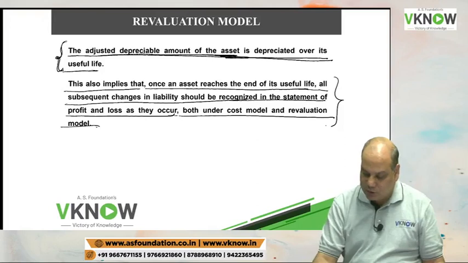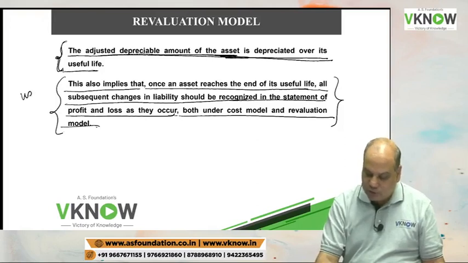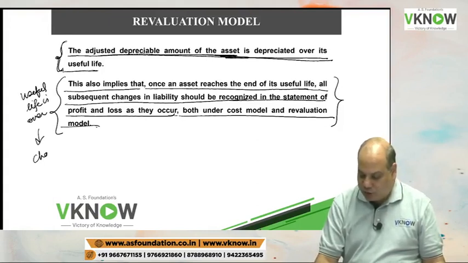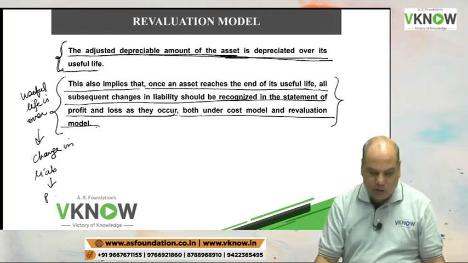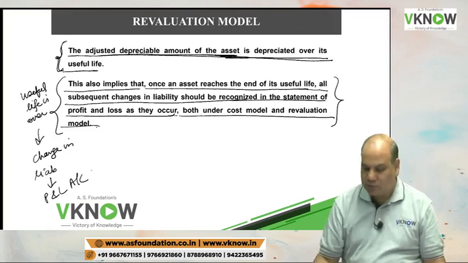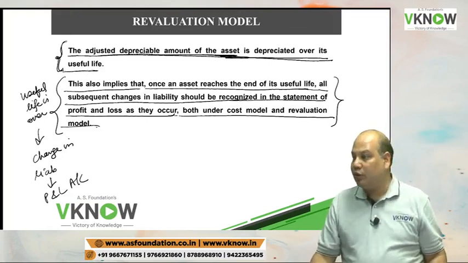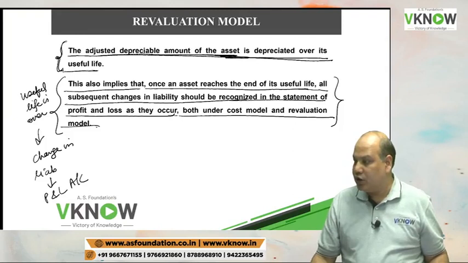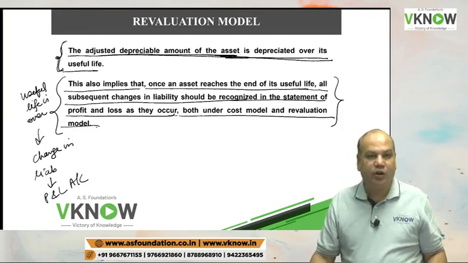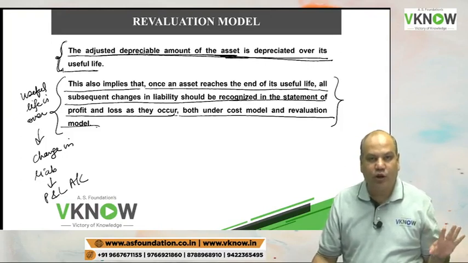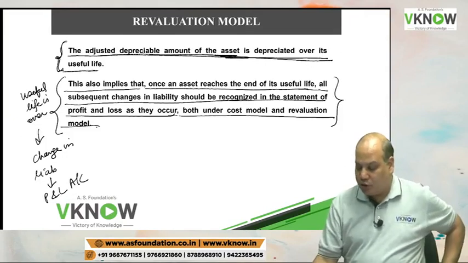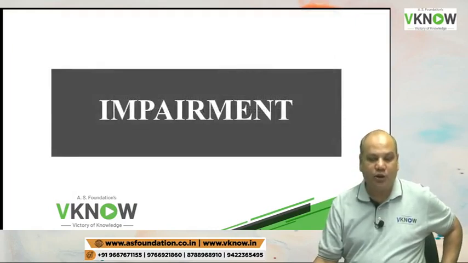So once the useful life of an asset is over, the change in decommissioning liability will be recognized in P&L account, because as far as the asset is concerned, its useful life is over. You need to simply transfer the difference to P&L account.